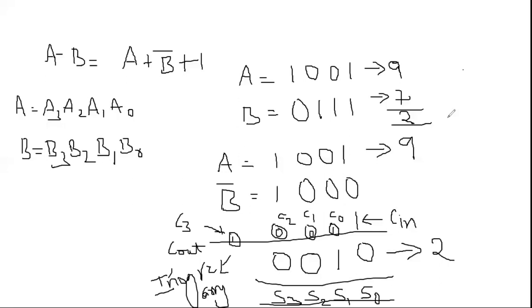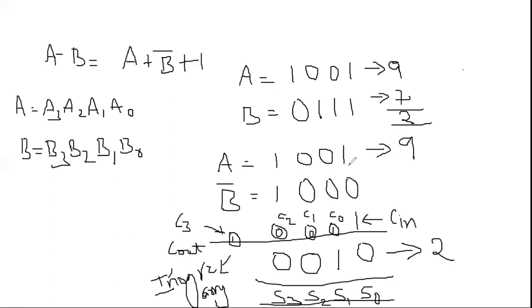Now on the screen, you can see the first full adder, F0. The first bit is A0, and Cin is equal to 1, added to the LSB bit.